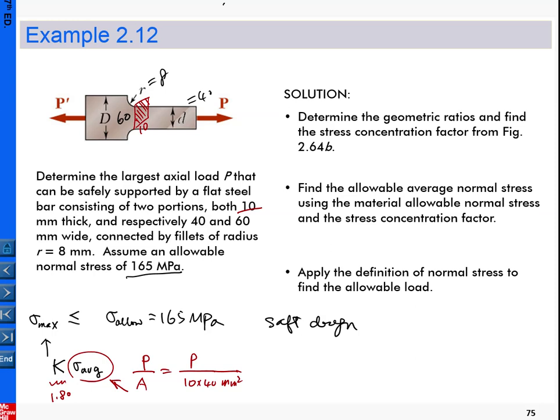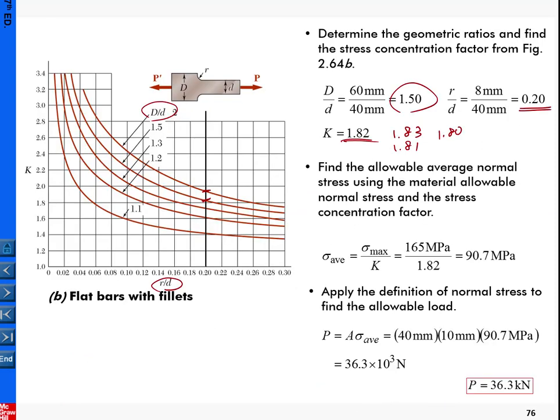So the maximum stress equals 1.8 multiplied by P over 10 times 40 millimeter square, and this must be less than or equal to 165 MPa. From here you should be able to determine the maximum value of P. The maximum allowable force applied here, to be safe, must be this value.